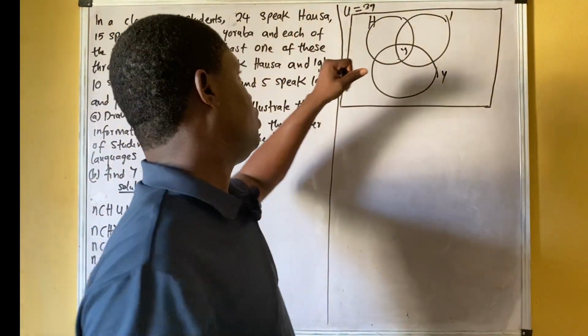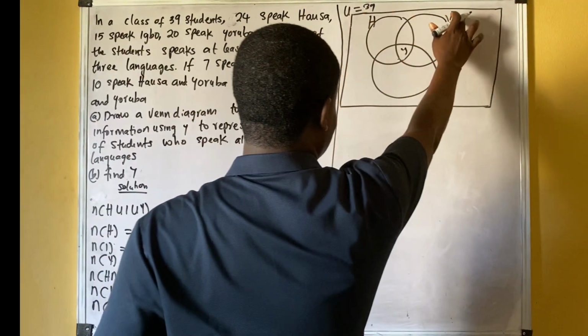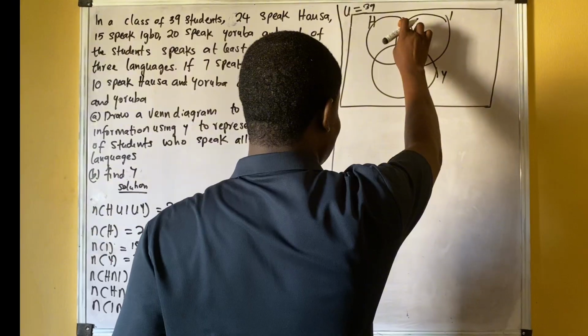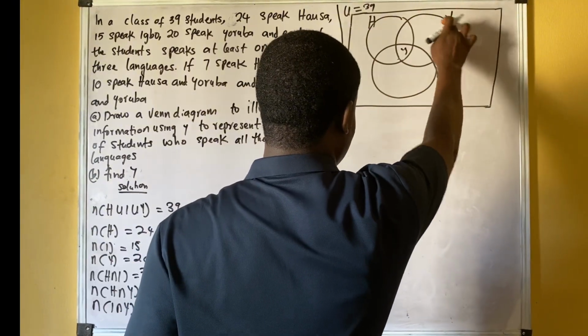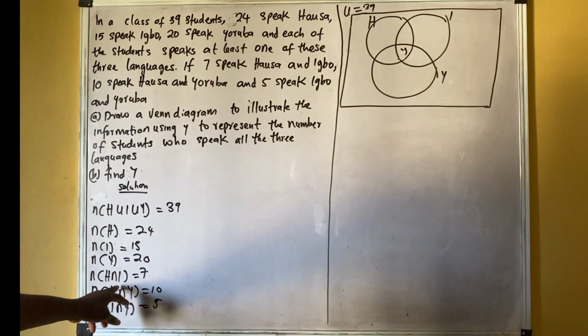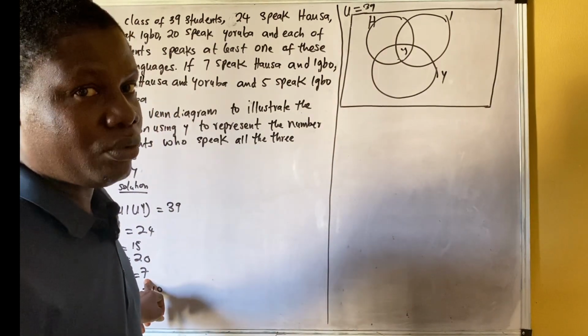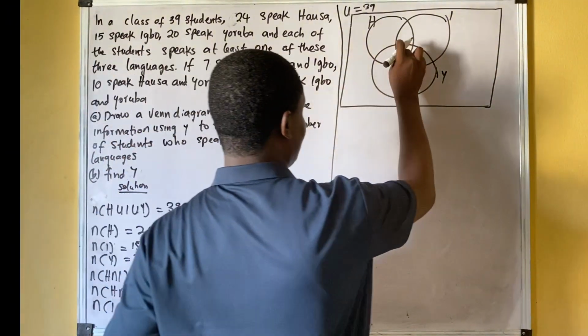So we have it that those who speak Hausa and Igbo, that is the intersection of Hausa and Igbo, will be in this region, right? And their number is 7. So inside that 7, there must be those who speak all the 3 languages. So it's important to subtract Y from that 7.